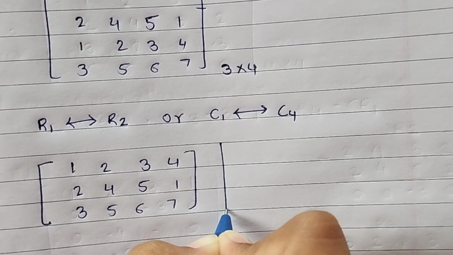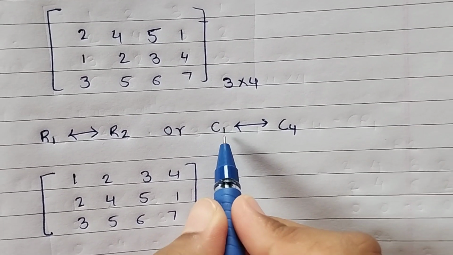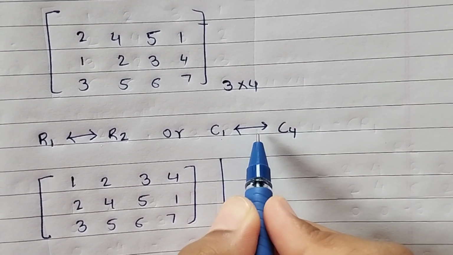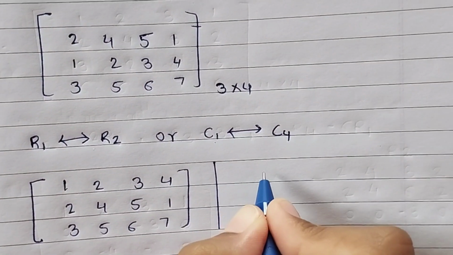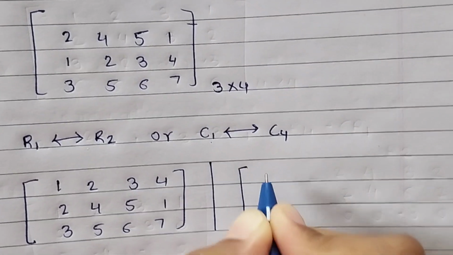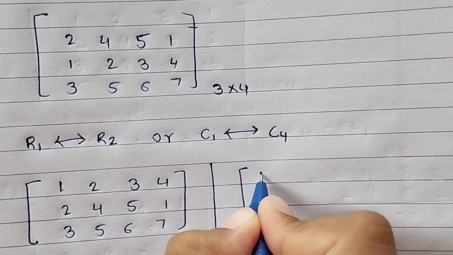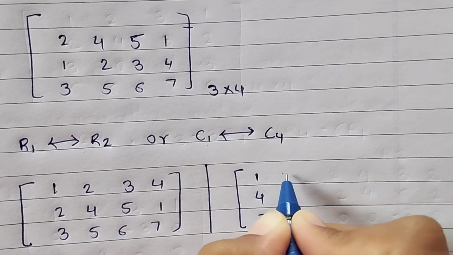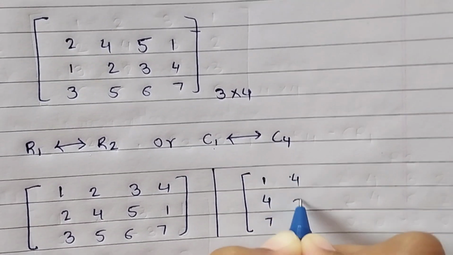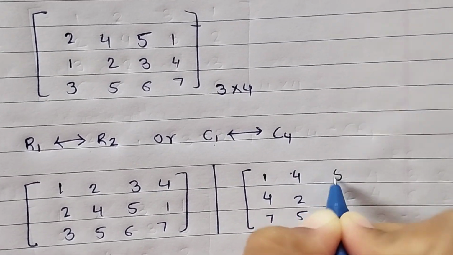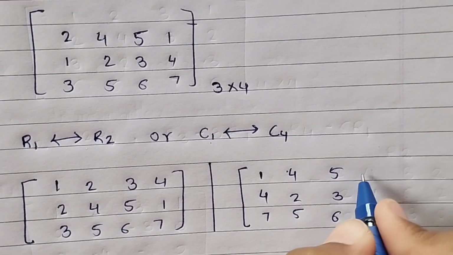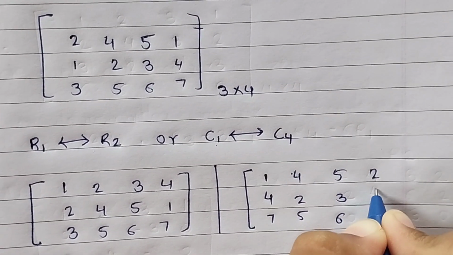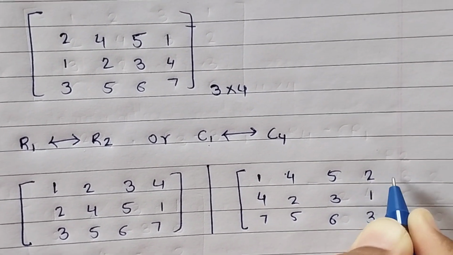And if we perform the operation C1 interchange with C4, then the matrix is: C4 becomes 1 4 7, and the remaining second column is as it is, 4 2 5, 5 3 6, and C4 is now 2 1 3.